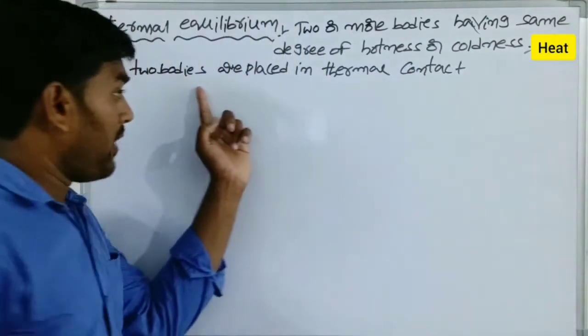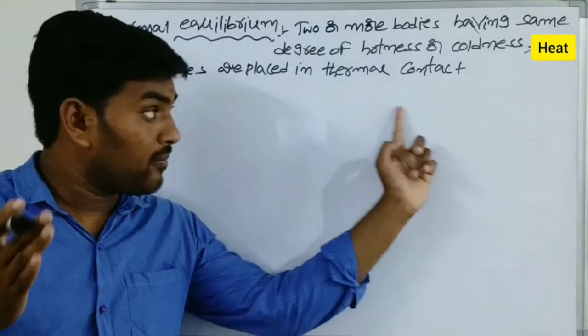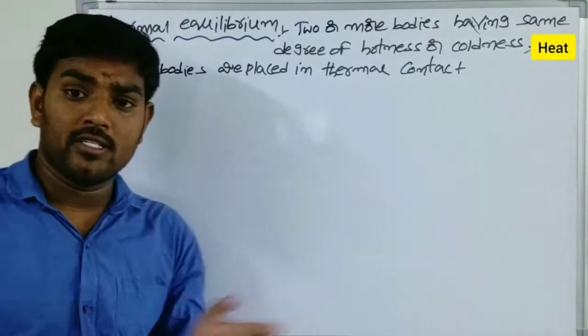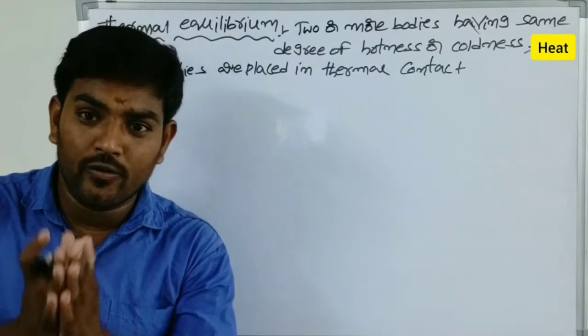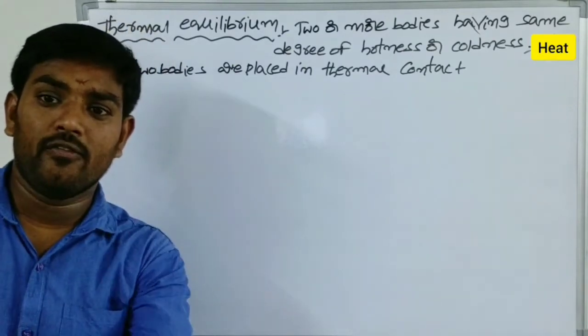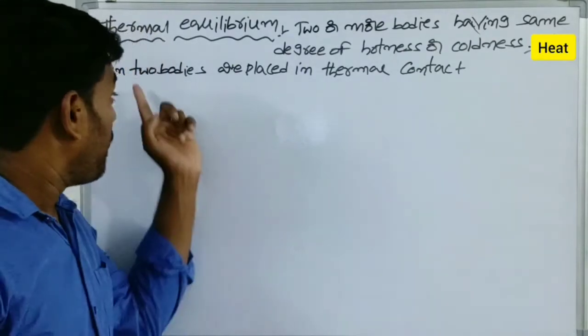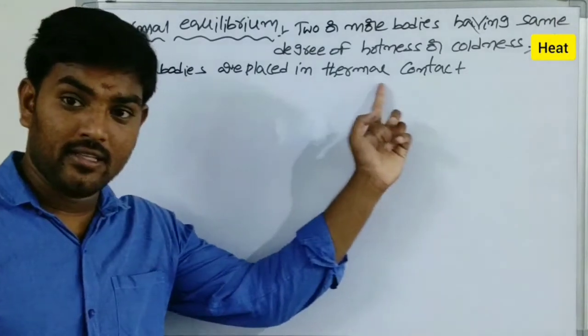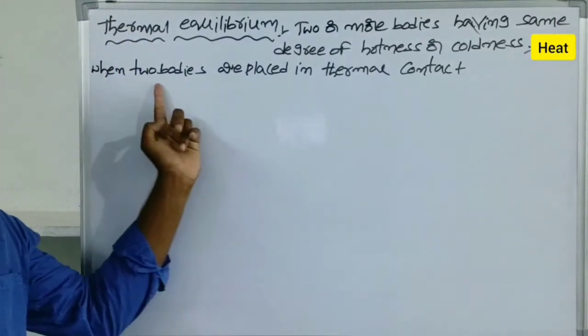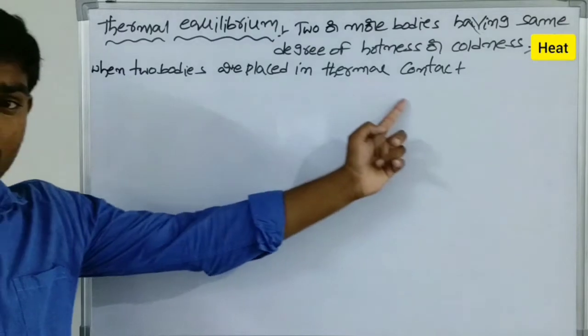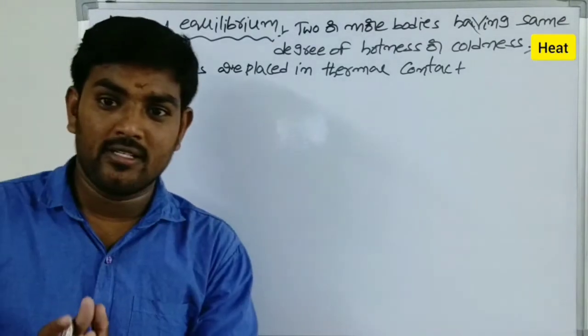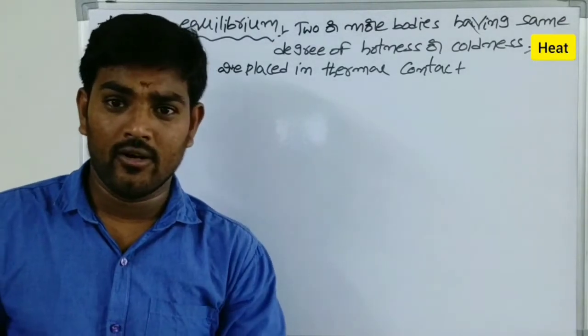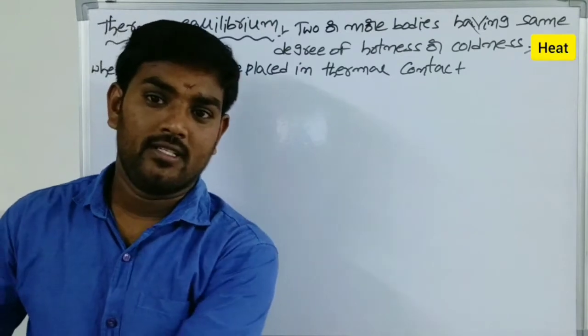When two bodies are placed in thermal contact, two bodies means two different objects at different temperatures.